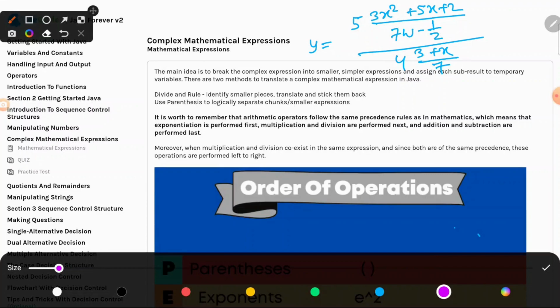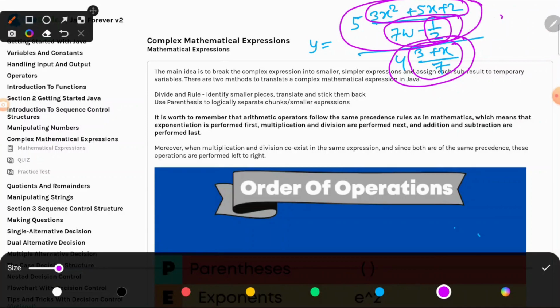I'm going to make a couple of circles. We can treat this as one piece, and this as another piece. We can solve this also as one piece, and this as another piece. Then again this as one piece, then this whole thing as one piece, and then this whole big thing like this. This is what I call divide and rule.